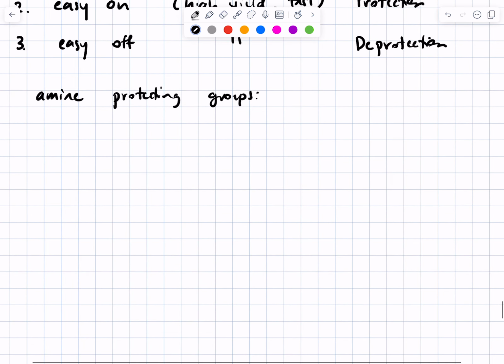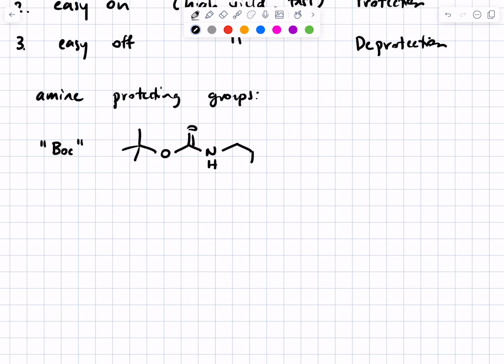These have fun abbreviations, and they're fun because you don't really want to know what they stand for. The Boc protecting group is the following. So what I'm drawing for you here is a Boc protected amino acid.